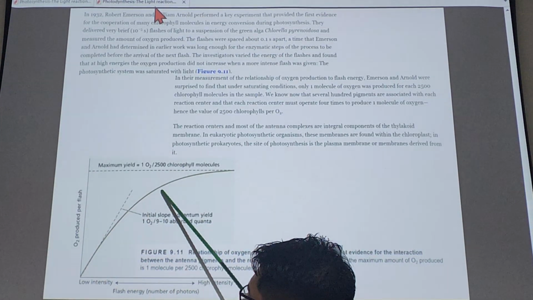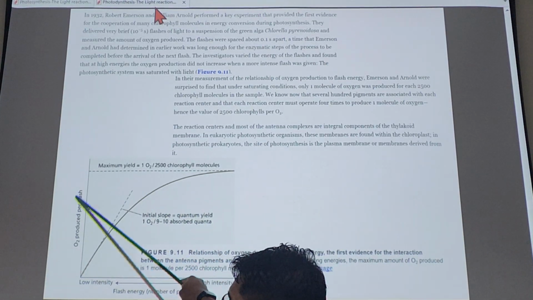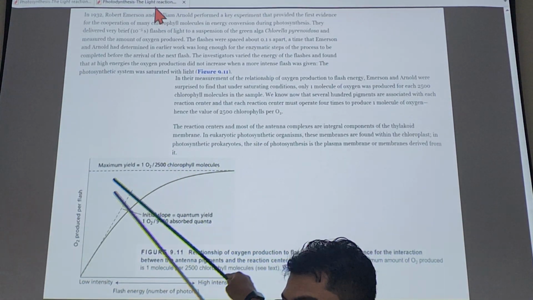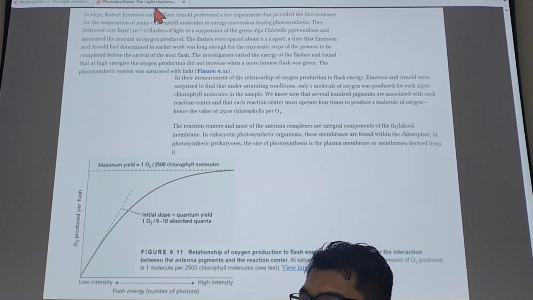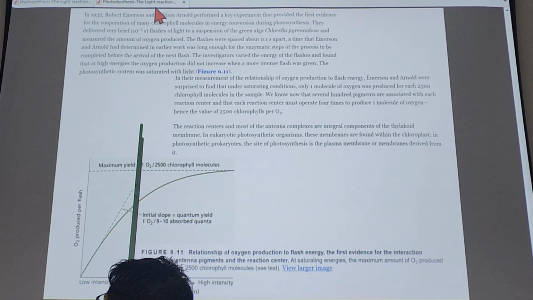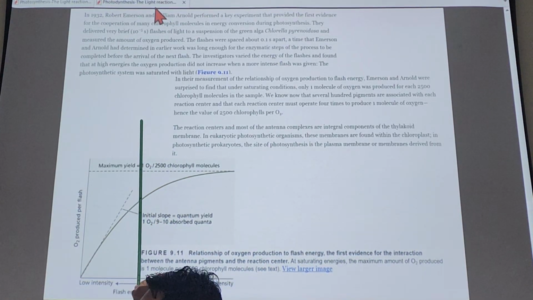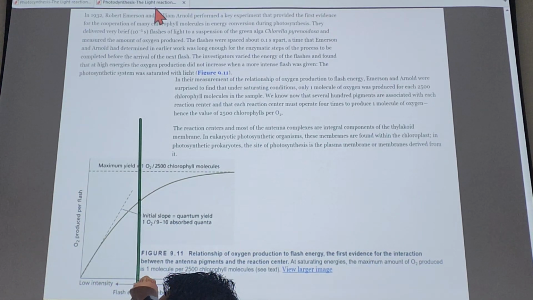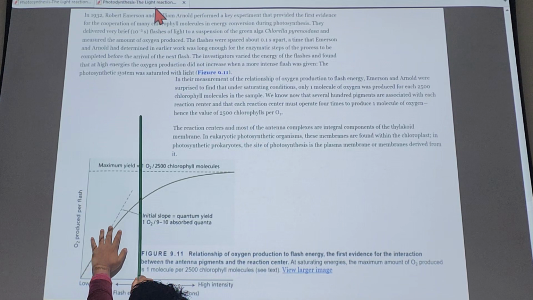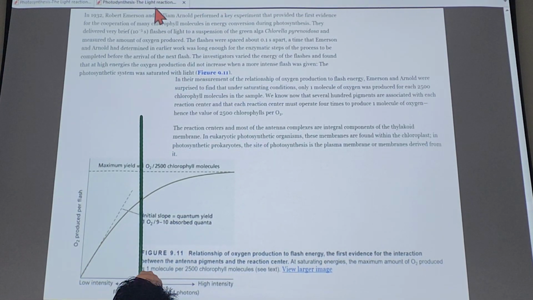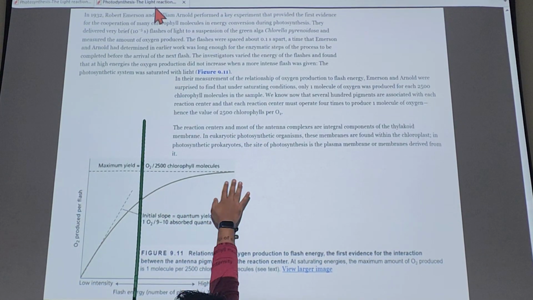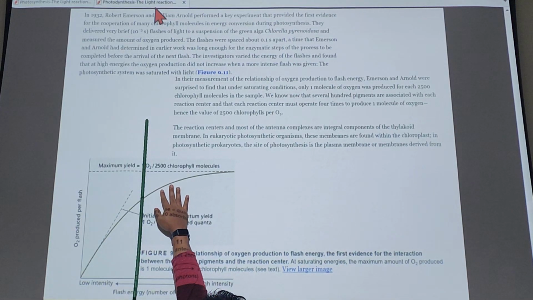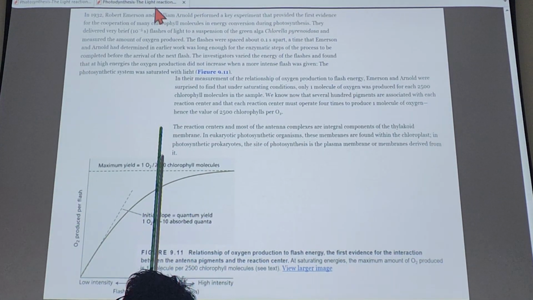By the way, this form of curve, we call it biphasic, two phases. The first phase is the steepest part of it, so we call this the initial slope. And then the second part of it is the saturating phase of the slope.